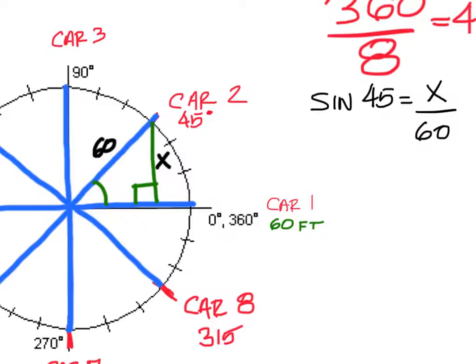And then multiply by the 60. If you do that, you should come back with an x value of 42.43 feet. That's rounded to 2 places.